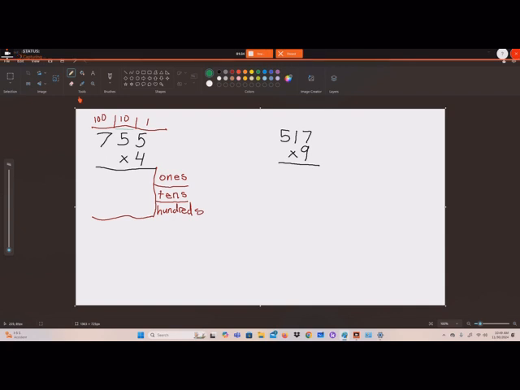But when you do partial products, you get a deeper understanding of the number, right? Of the value of the number. It's called your number sense increases. So here we go. 4 times 5 ones, you get 20 ones.